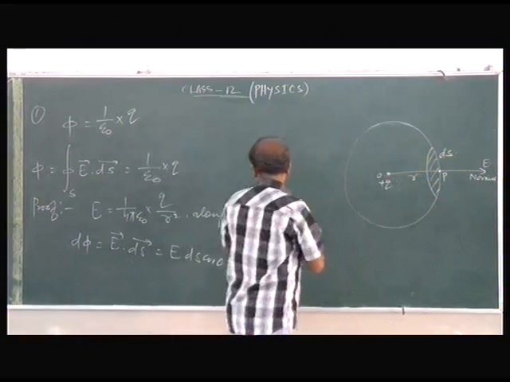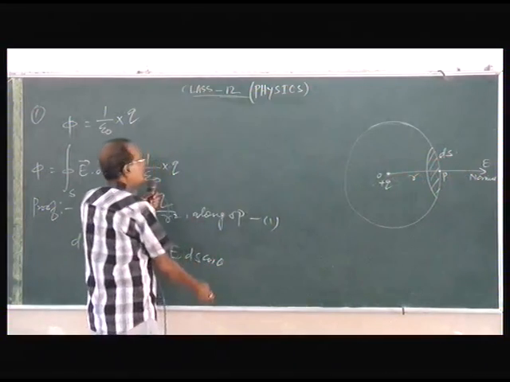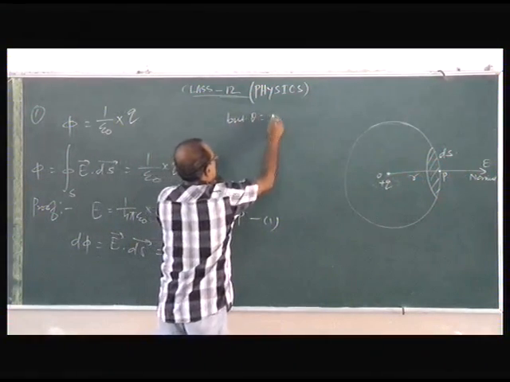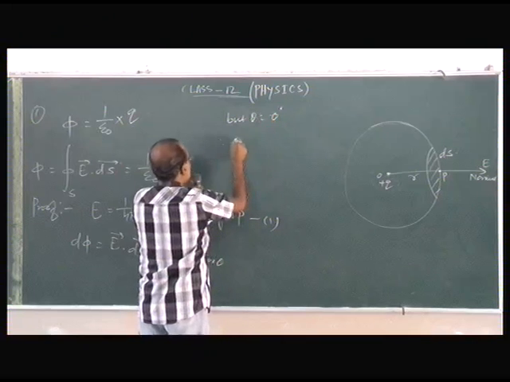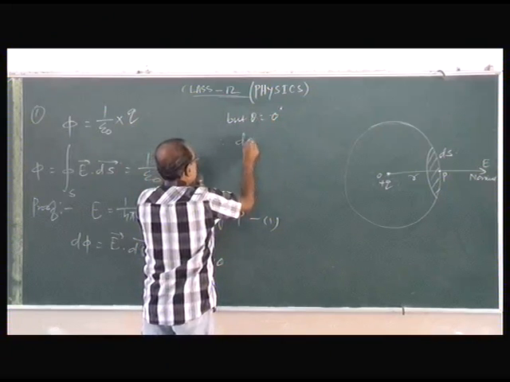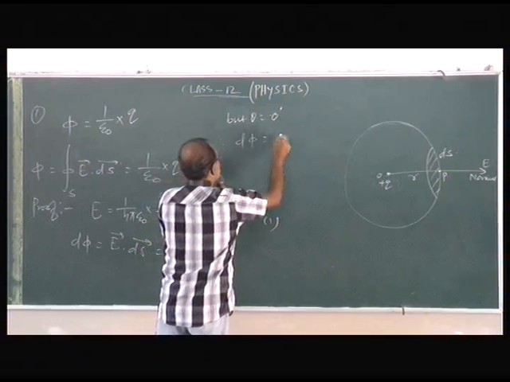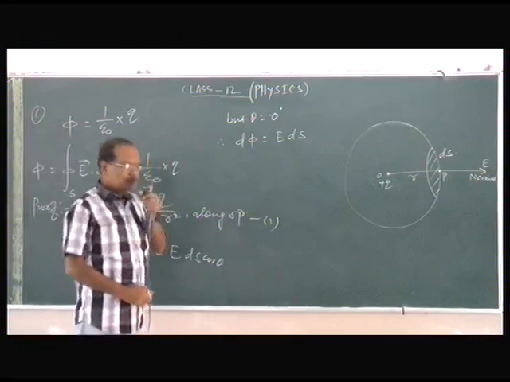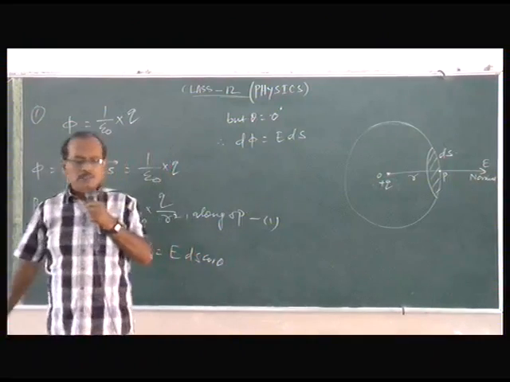So theta is equal to 0 degree, and therefore d phi is equal to E into ds.